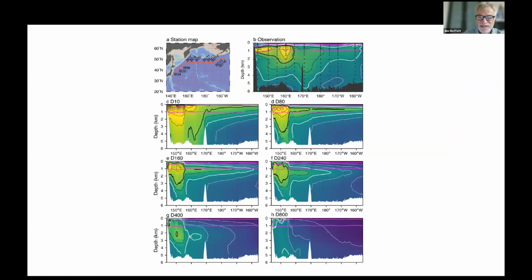Misumi's model has been very useful at simulating the offshore transport of iron. The observations are shown in the top right, where there is iron basically being ejected quite far to the east. And again, a lot of this is mediated by transport from the Kuroshio current.